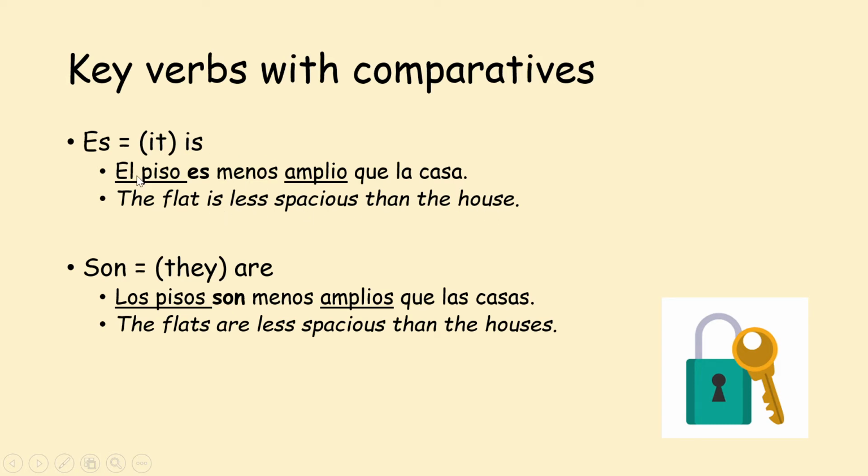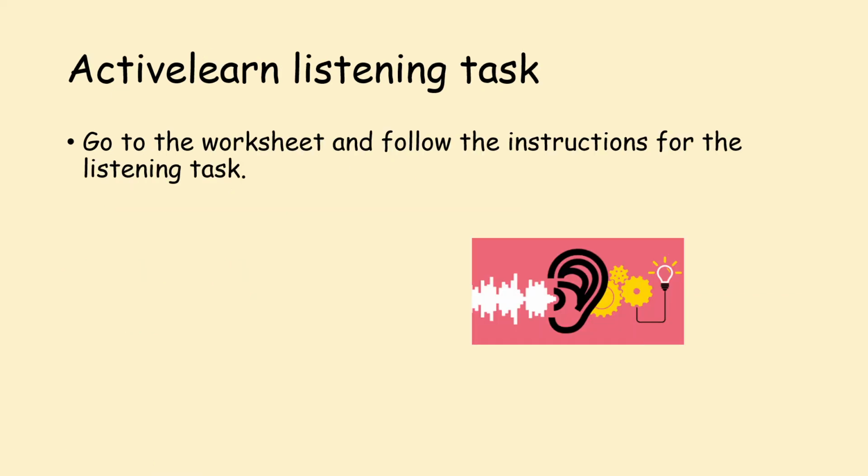The words underlined are the ones that have to agree, piso and amplio, and the word in bold is the verb you need. Same for the plural option down here, but we've just got los pisos son menos amplios que las casas. So menos and que don't change, it's just everything around it. Really important to note that down, and when you're ready, move on to your listening task.